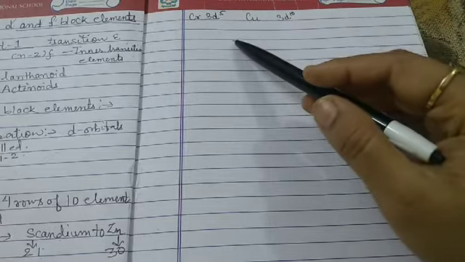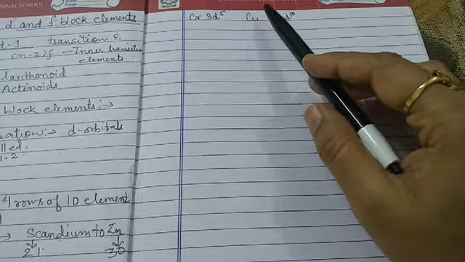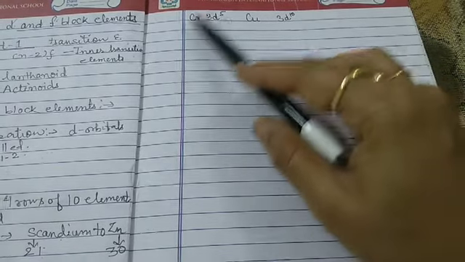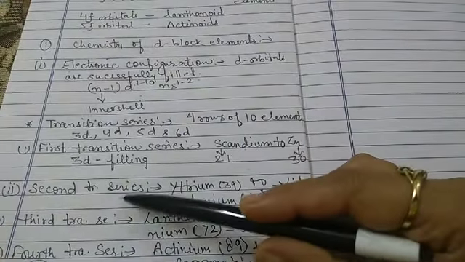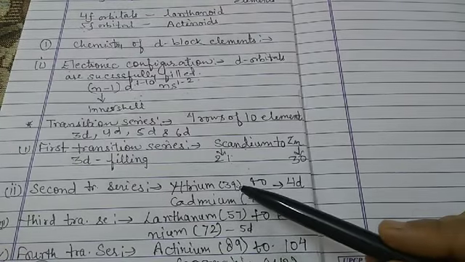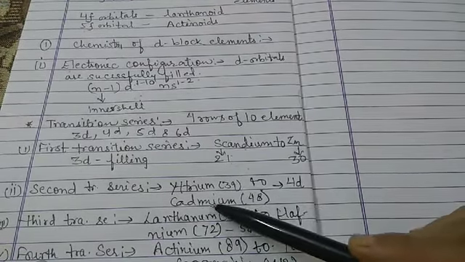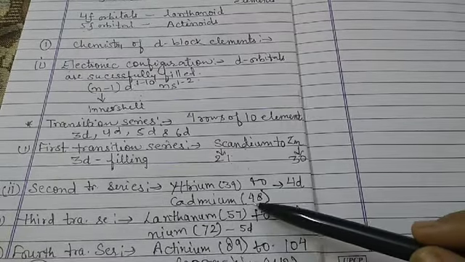Moreover, the energy difference between the 3d and the 4s orbital is not large enough to prevent the electron from entering the 3d orbital. Now let us discuss the second transition series. It starts from yttrium, whose atomic number is 39, and ends with cadmium, whose atomic number is 48.